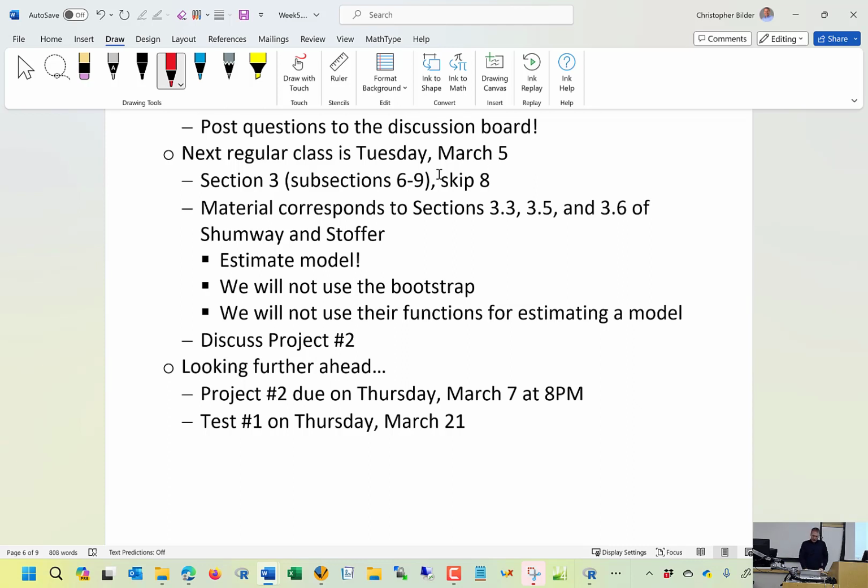Note that the authors, because they don't like some of the ways that the estimation functions work in the default installation of R, basically constructed their own functions based upon the functions that are already in R. We will not use the functions that they advocate using. Also, in this section, we're going to talk about making inferences about things like phi 1 and phi 2.